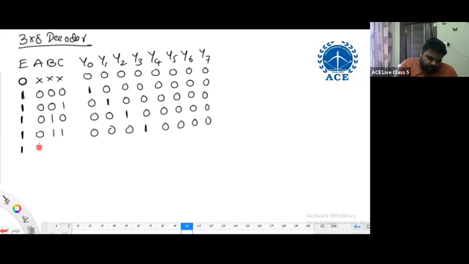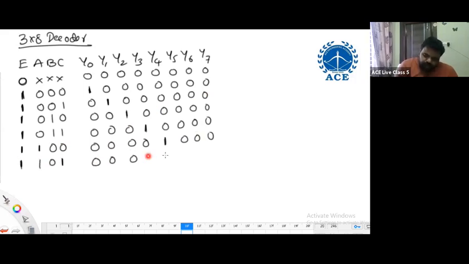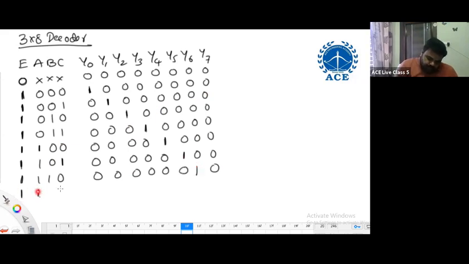If E equals 1, ABC 1, 0, 0, then Y4 is 1, remaining are zeros. If E equals 1, ABC 1, 0, 1, then Y5 is 1. For 1, 1, 0, Y6 is 1. If E equals 1, ABC are 1, 1, 1, then Y7 is 1.